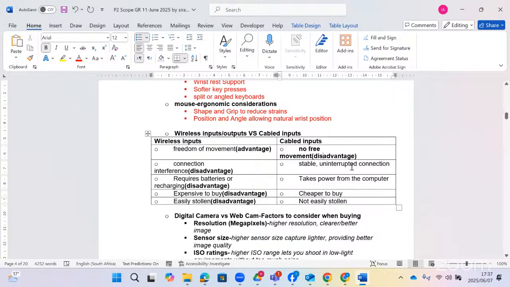And then the stable uninterrupted is an advantage. Takes power from it is also an advantage. Cheaper to buy, not easily stolen is also an advantage. So you can be given a question to compare these two. So take note of that.